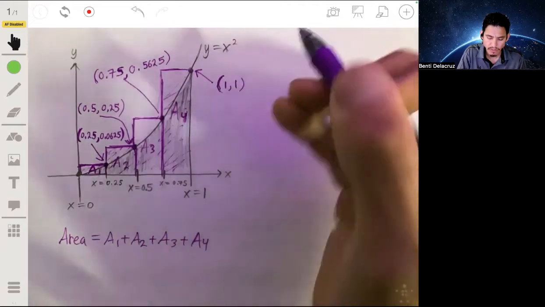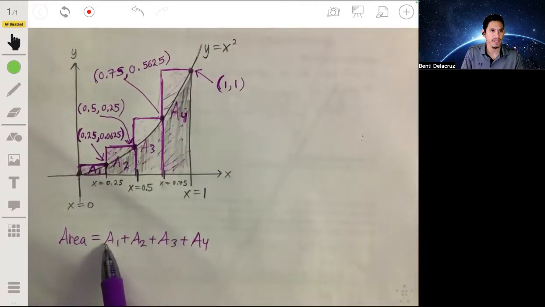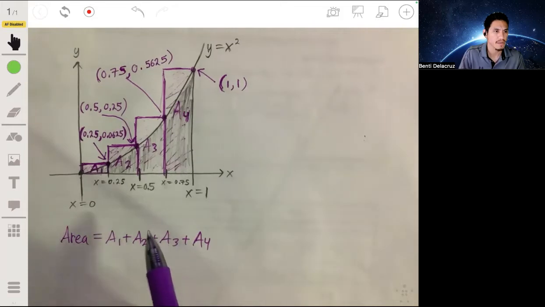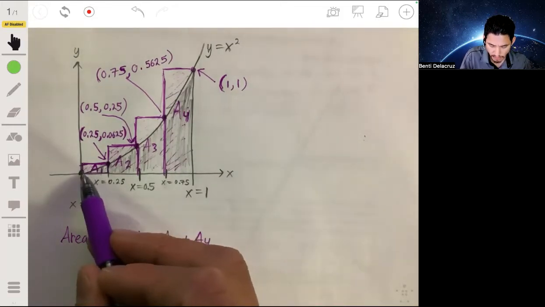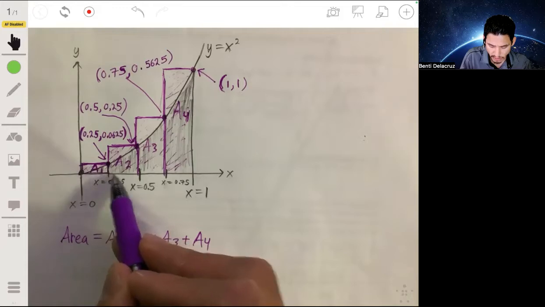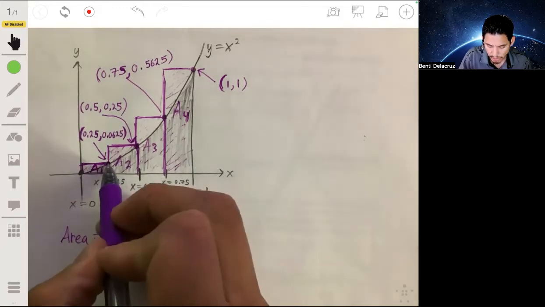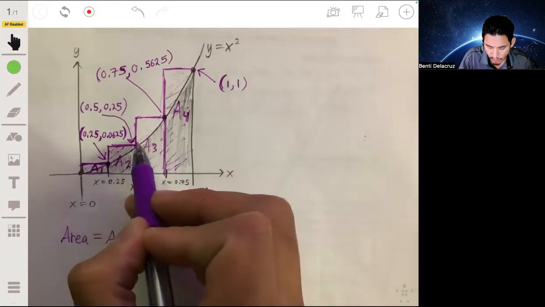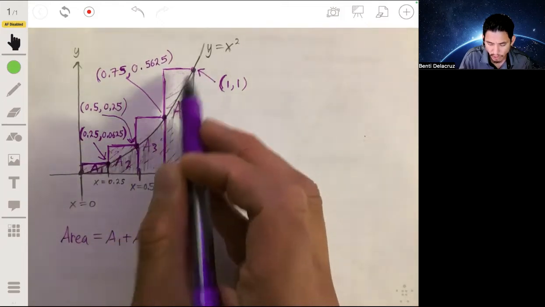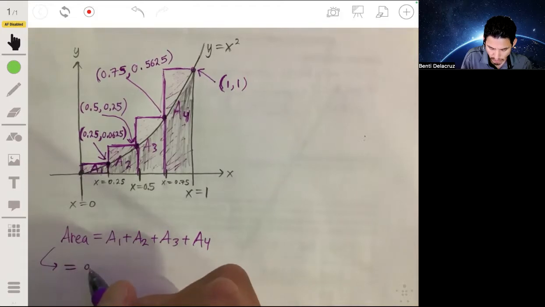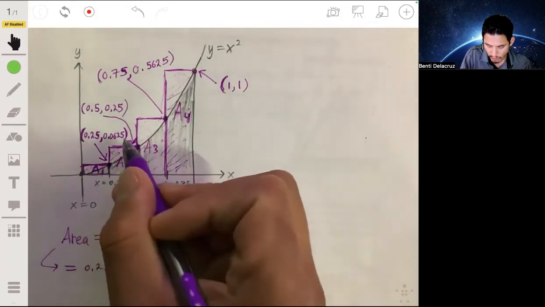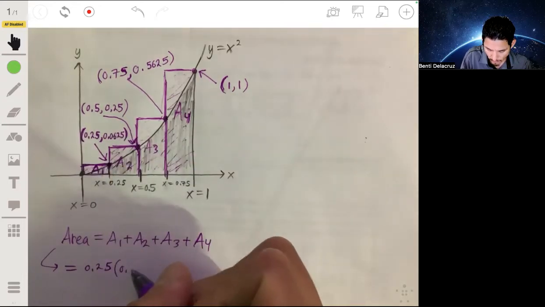Okay, so now let's find the area, just like we did in the previous part for the inscribed rectangles. The area of each rectangle will be the width of each rectangle, which is always 0.25, times the height, which will be the y value of the top right corner of each rectangle. So for A1, the width will be 0.25, and the height will be 0.0625.